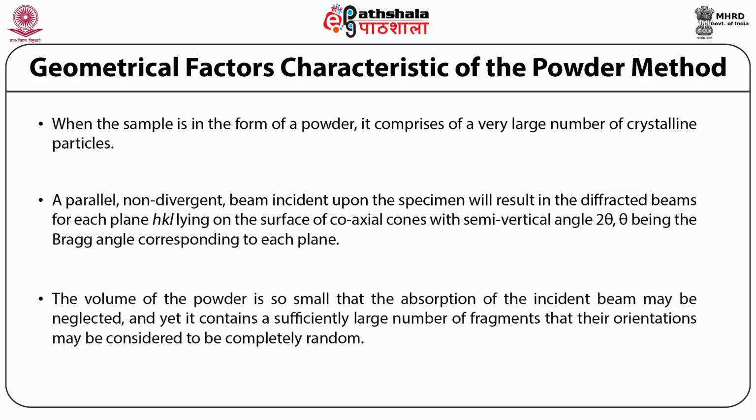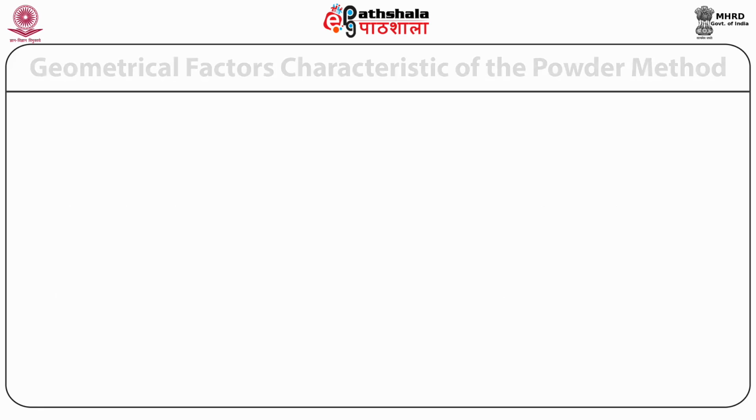The volume of the powder is so small that the absorption of the incident beam may be neglected, and yet it contains a sufficiently large number of fragments that their orientations may be considered to be completely random.